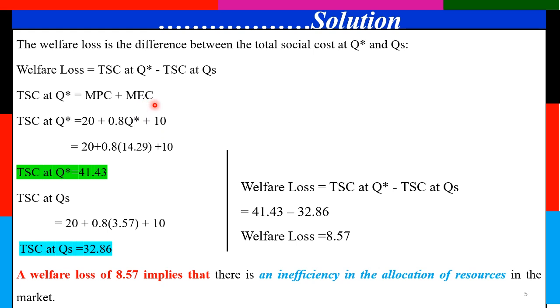External damage, which is already given. 20 plus 0.8 times 14.29. 14.29 means we already calculated this one. After you add those numbers, you can get the total social cost at market equilibrium, which is equal to 14.43.